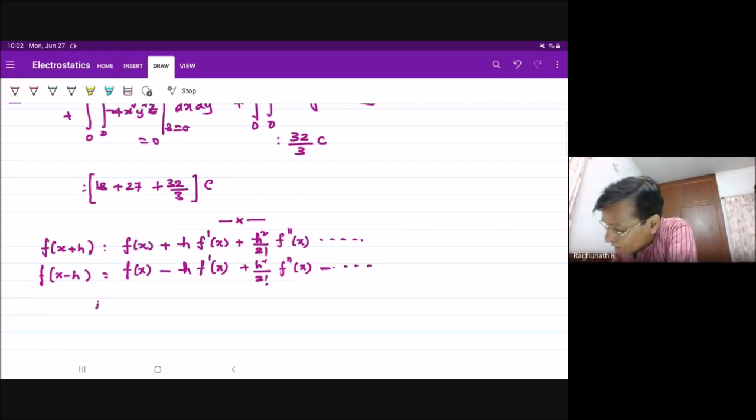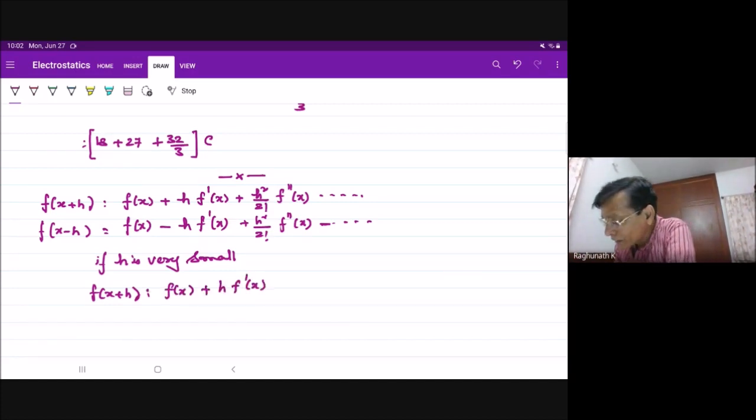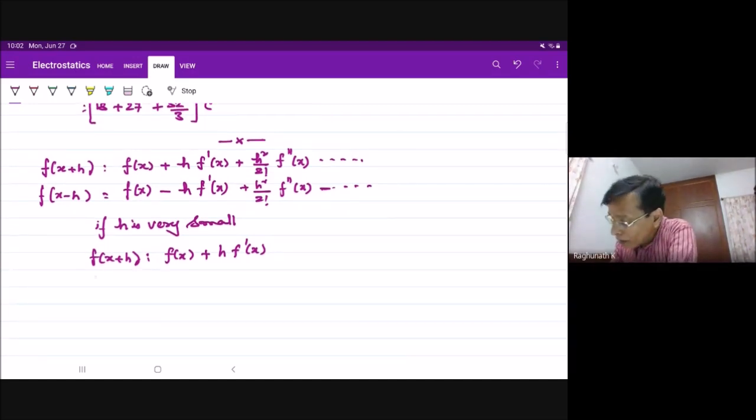If h is very small, f of x plus h is equal to f of x plus h into f dash of x. Higher powers of h get neglected automatically.